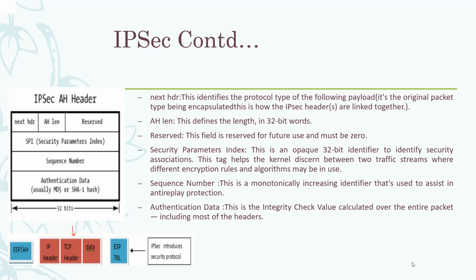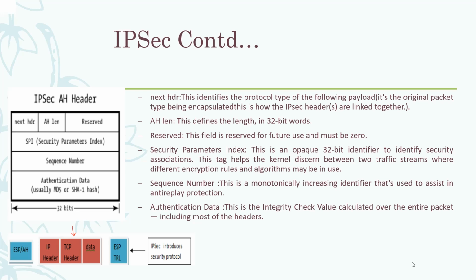Next, the data is sent to the IP layer where it is encapsulated within the IP packet, and we can see the IP header. And to provide security in the IP layer, the IPsec protocol is used. So there are two varieties, whether ESP or AH can be used. So let us see what are the fields of AH header.